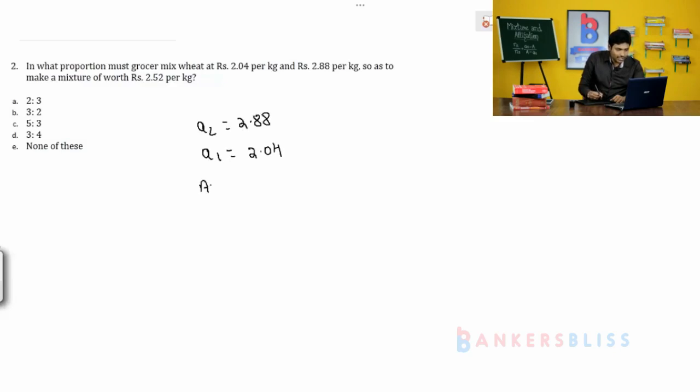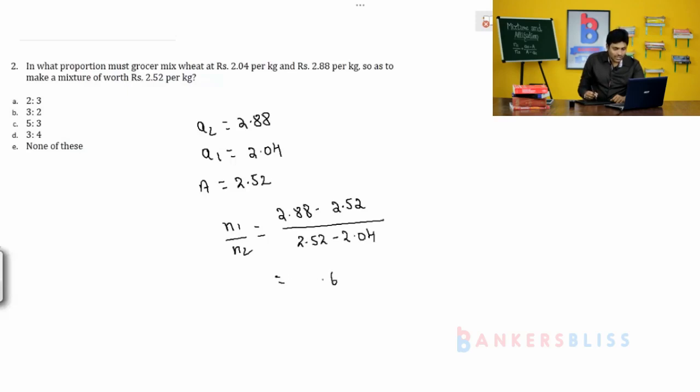Next, what is the capital A? That is 2.52. So, now N1 by N2 is equal to 2.88 minus 2.52 divided by 2.52 minus 2.04.